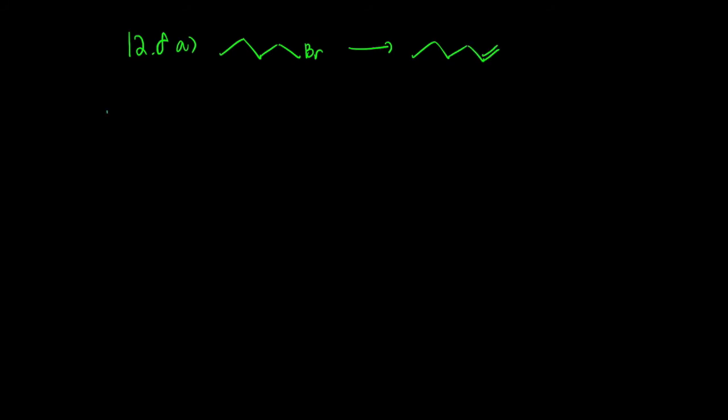So what I'm going to do is take acetylene and attach these 2 carbons to this end of the molecule by treating it with sodium amide. And again, that makes the acetylide.